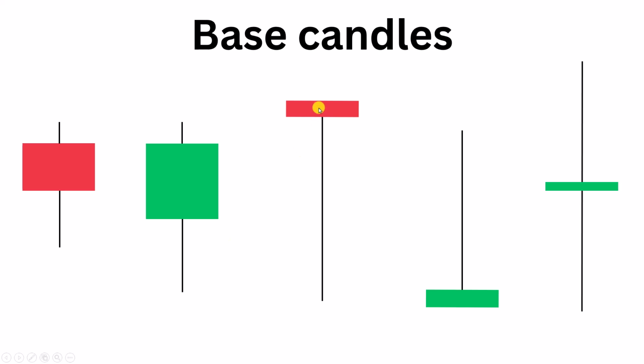Here the body is small and the wick is very long. Here a long wick with a small body, and here once again small body with longer wicks.